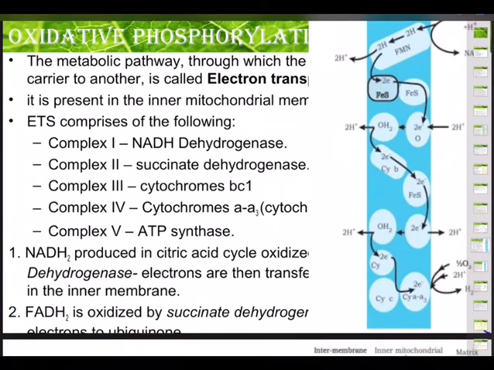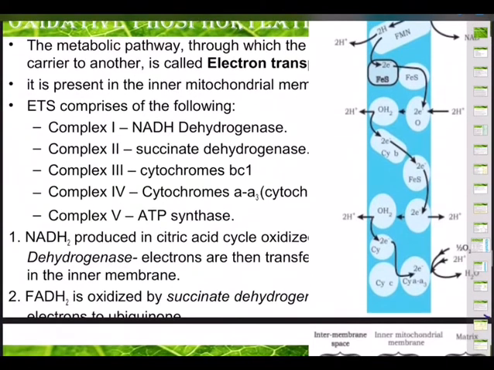Electrons are then transferred from FMNH2 to coenzyme Q. Here also you can see coenzyme Q, also called UQ, ubiquinone, which gets reduced to CoQH2. During this process, 2 H plus are transferred from the matrix side of the inner membrane of mitochondria to the inner membrane space. This is complex number 1.